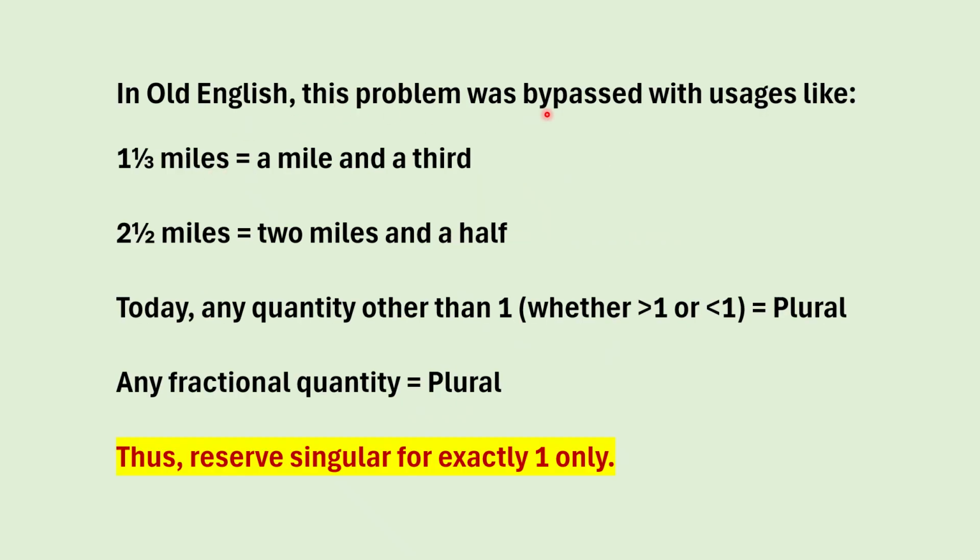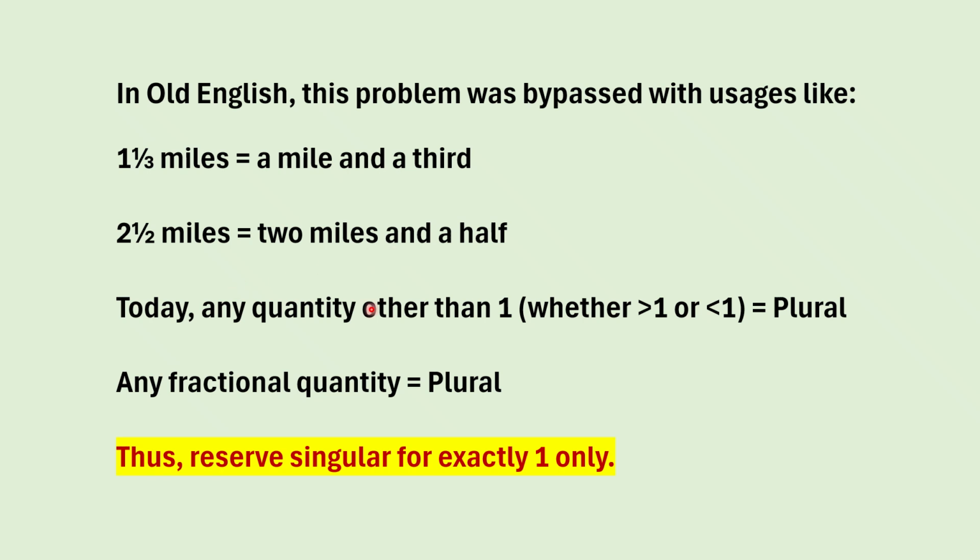In Old English, this problem was bypassed with usages like a mile and a third. 1 by 3 we called a mile and a third. 2.5, we used to say 2 miles and a half. But today we don't say a mile and a third, we don't say 2 miles and a half, we say 2.5, 1.3.